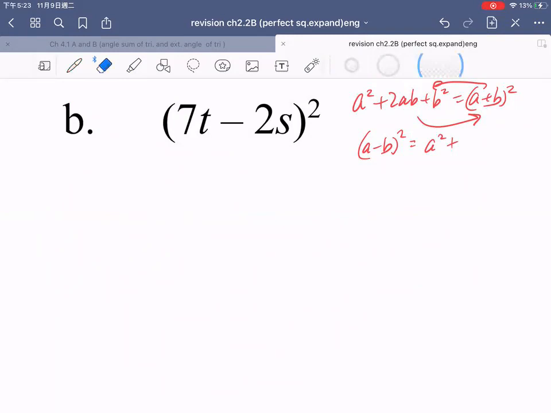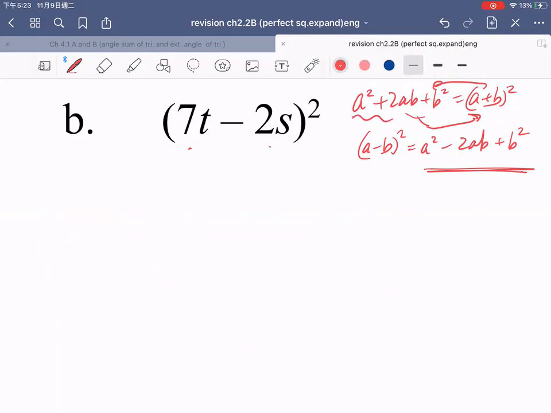Remember, it's not plus. Of course, in this example, we can use this one, or we can use this one, but remember the negative sign. Okay. So just like this one, we have 7t. Okay.